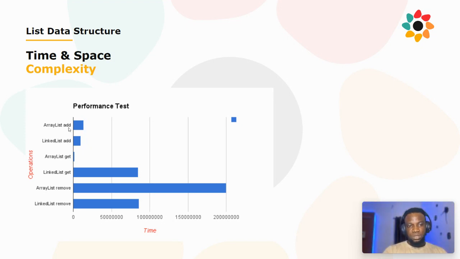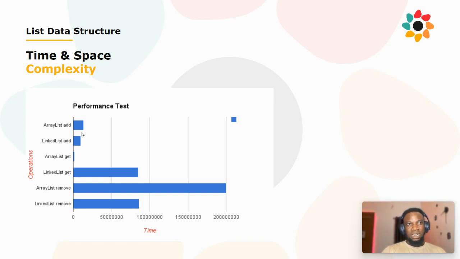That's because, as I showed you in a chart the other time, when you're trying to add new items, let's say the initial size is 10 and you want to add two or three more elements, it's going to create a new array and find a way to increase the size. That's happening under the hood. It's going to copy everything from the old one to the new one.